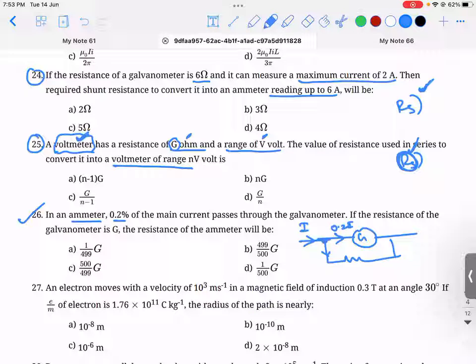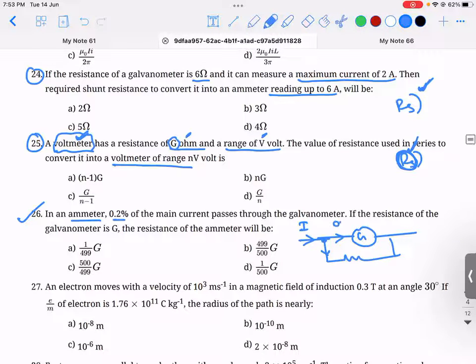And how much is passing through the shunt? 0.2 I divided by 100 flows through the galvanometer, so 100 minus 0.2 is how much? So 99.8 I divided by 100 is flowing through the remaining portion.